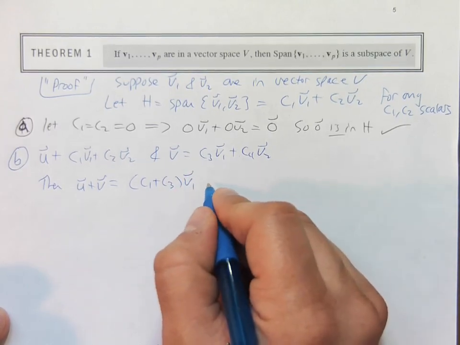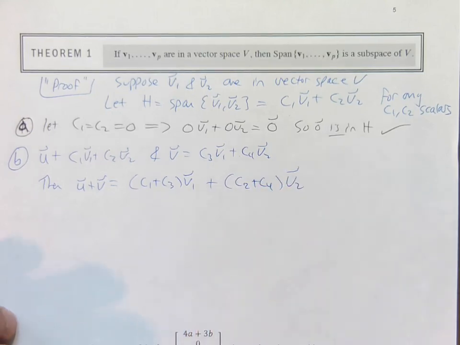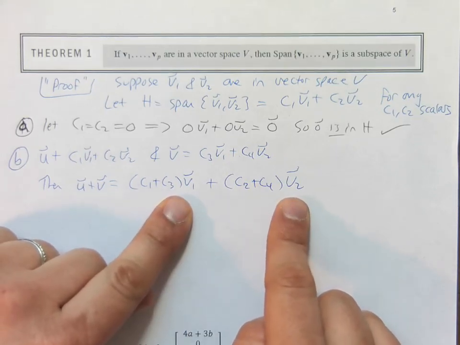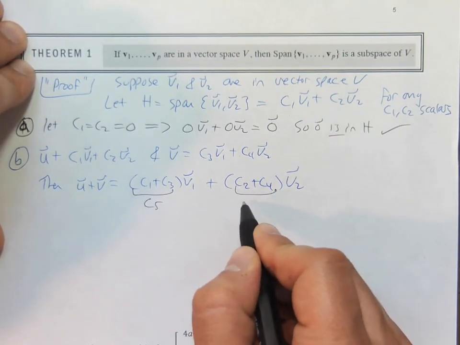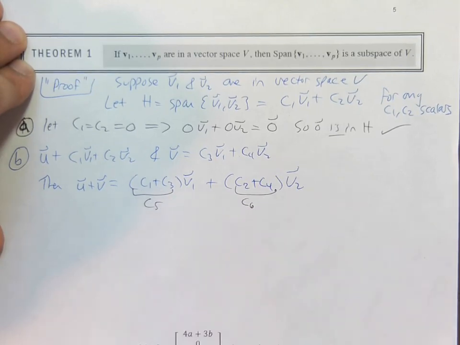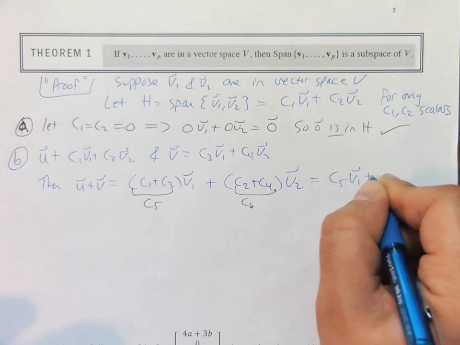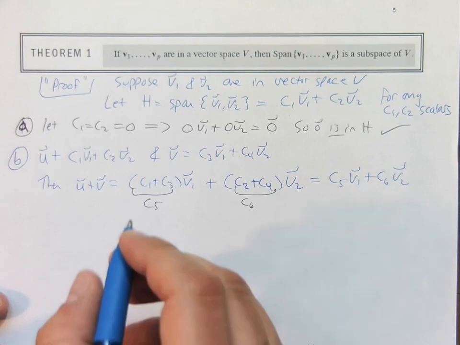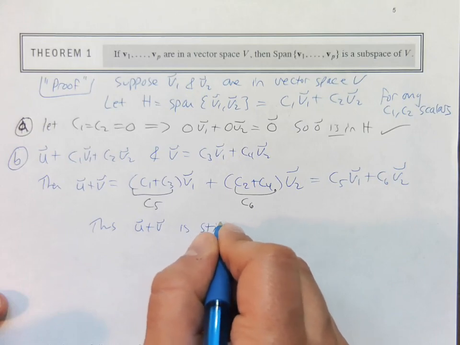And then I'm going to group the v2's and factor it out. So we'd get c2 plus c4 times v2. And so this is some other linear combination of v1, v2. In other words, we could let this be c5, and this is some other c6. c1 plus c3 is some other constant. c2 plus c4 is some other constant. And so we could just rewrite this then as, say, c5 v1 plus c6 v2. And so this is some other linear combination of v1, v2. In other words, u plus v is still in the span.